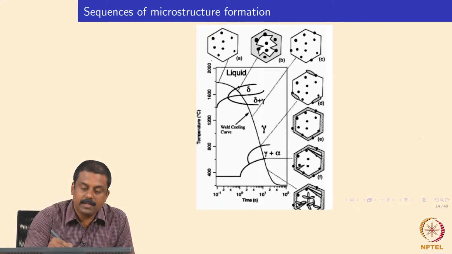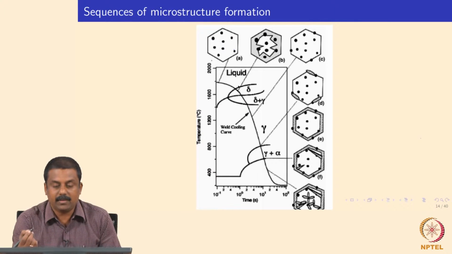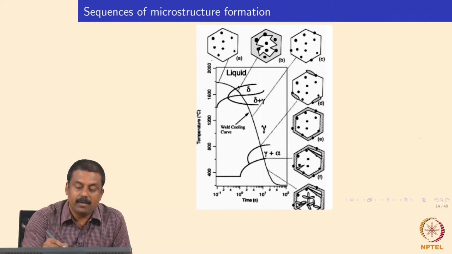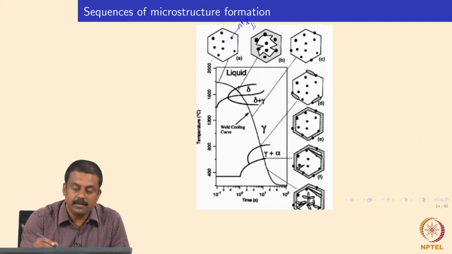Inclusions form at a much higher temperature than solidification in the liquid region, especially if you have oxidizing elements such as silicon and aluminum. You readily oxidize these elements in the liquid stage, and you form the oxides of aluminum and silicon.